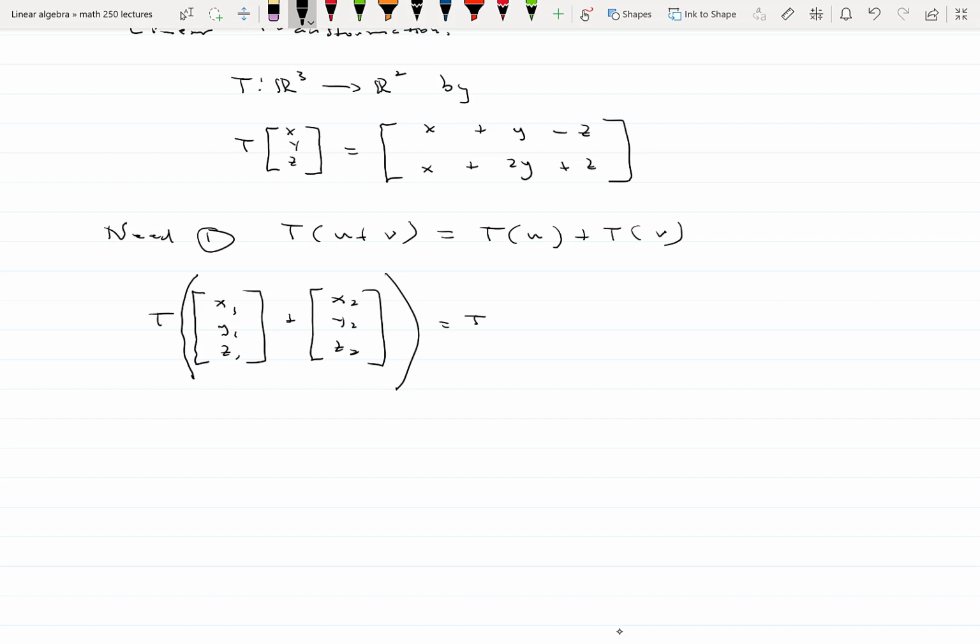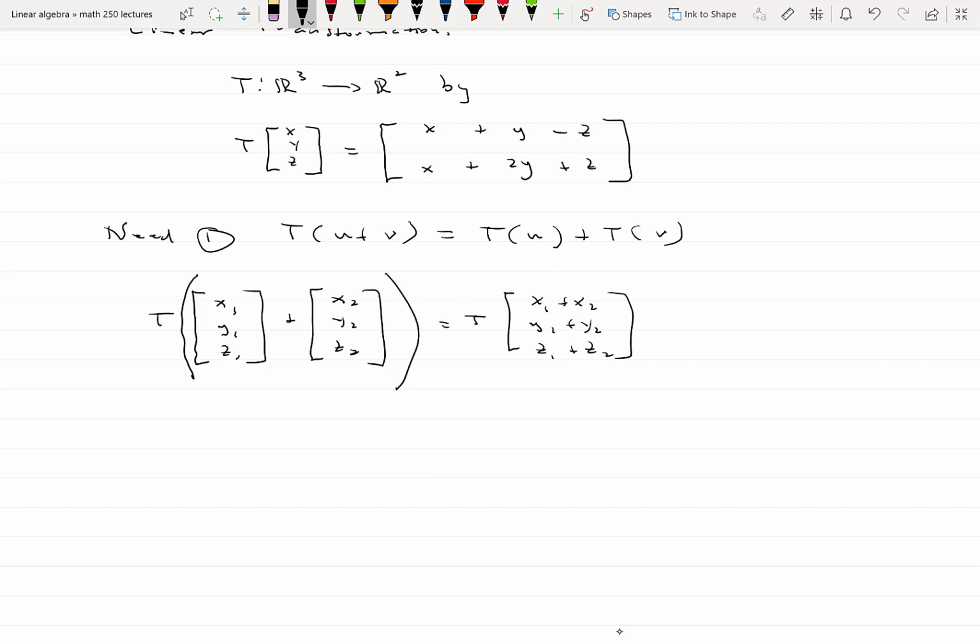Well, let's perform the operation of the sum. x1, y1, z1 plus x2, y2, z2 as column vectors is the single column vector x1 plus x2, y1 plus y2, z1 plus z2, assuming the standard operation of addition in R3.